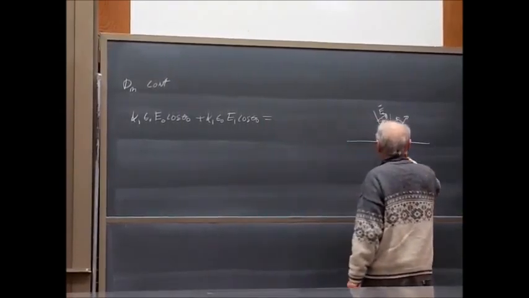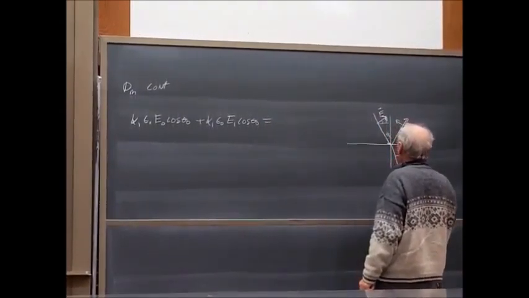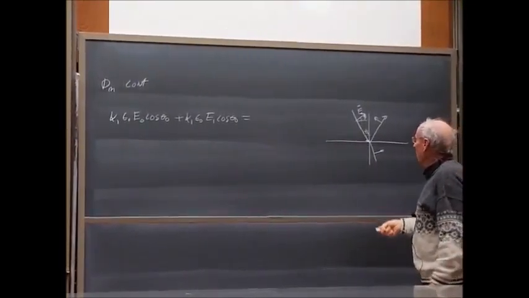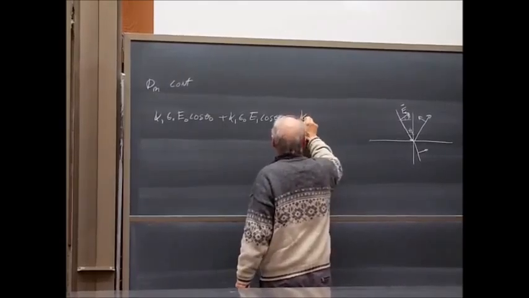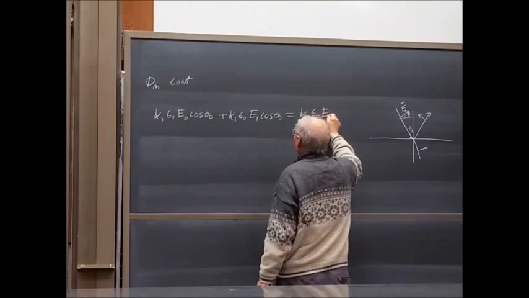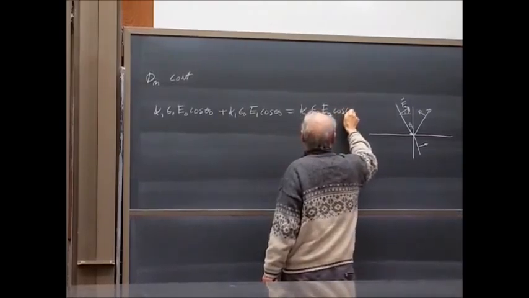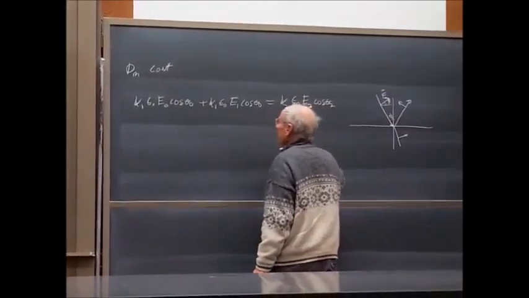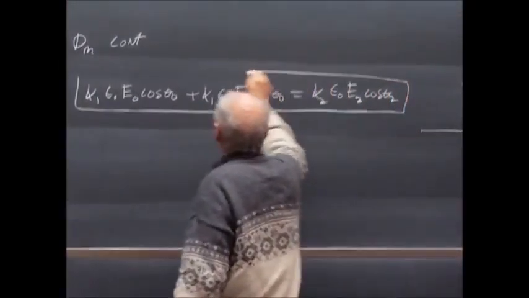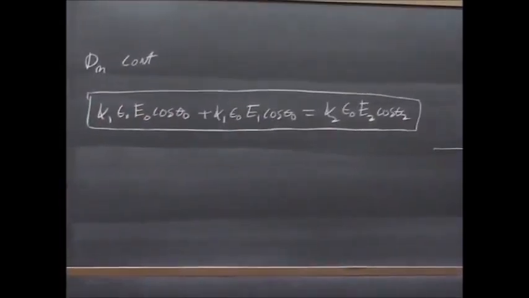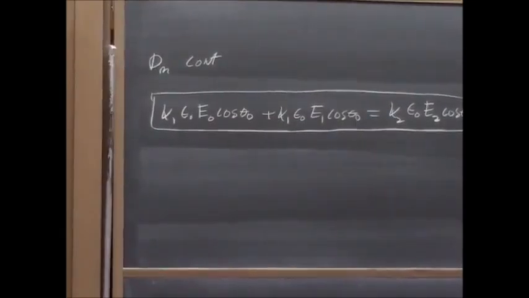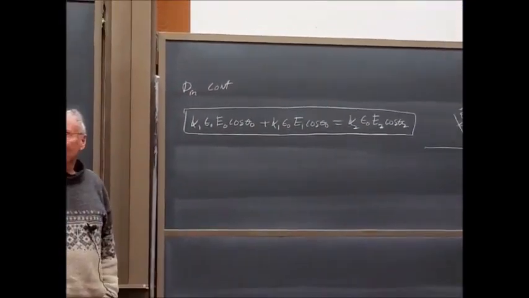And now down here, that's exactly the same thing, except it's kappa 2 epsilon 0 E2 cos theta 2. So this is the first equation. That makes the normal component of D continuous. Everybody okay so far?